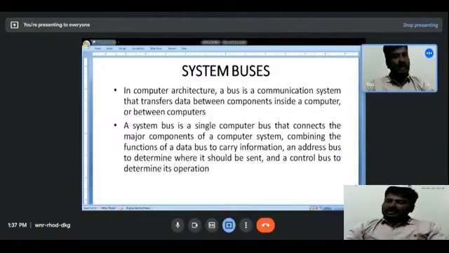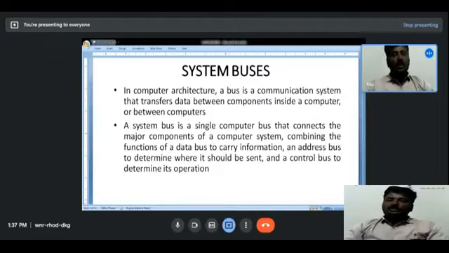Basically, there are three types of buses, as we know. The data bus involves the transfer of data from one particular part of a computer component to another, or from one computer component to some other computer component, which forms a different network.